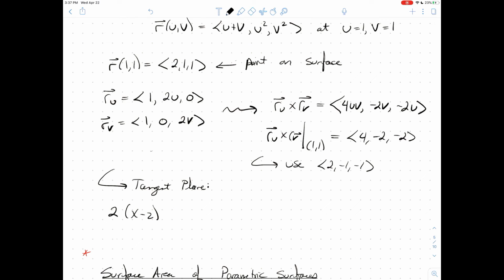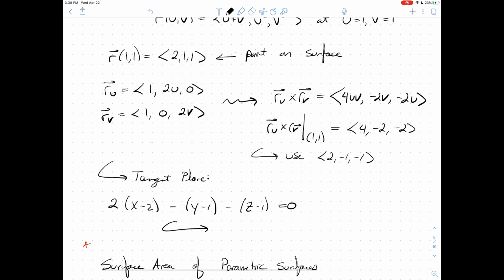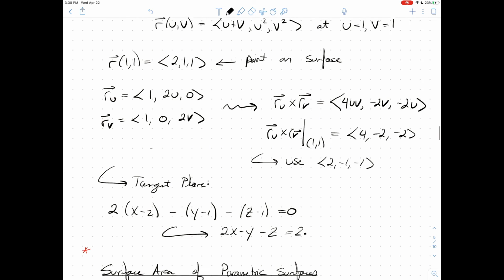Then minus, y minus 1. Again, this minus 1 is right here, this 1 is right there. And then minus, z minus 1 equals 0, or if you like, you can write this as 2x minus y minus z equals 2.